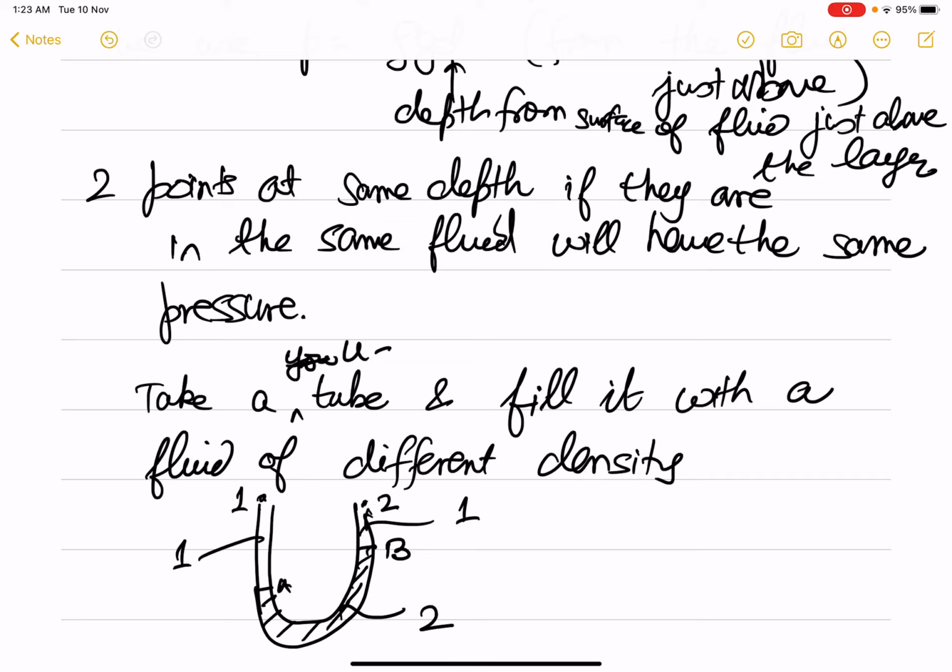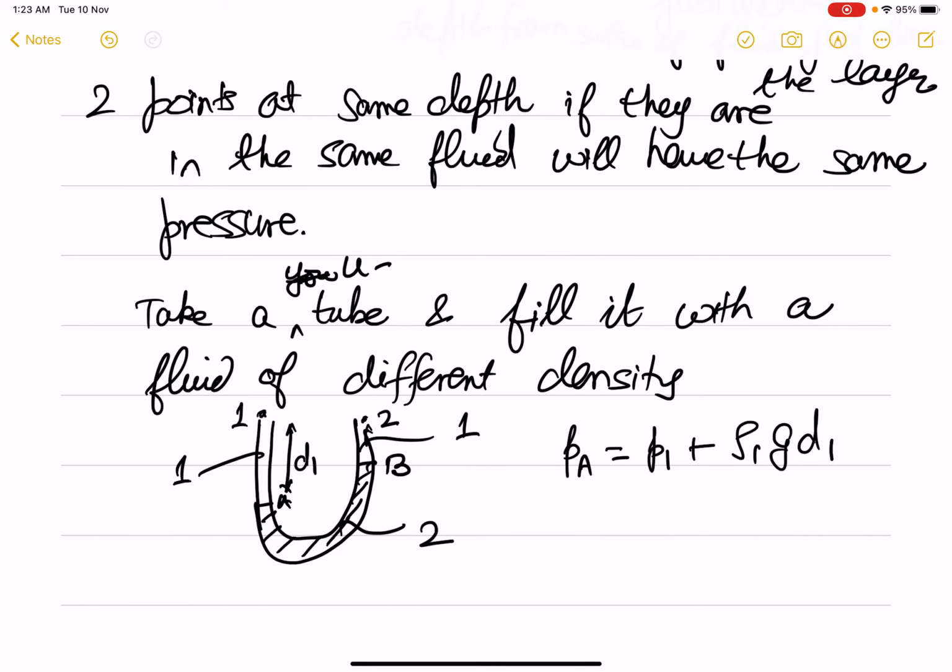Now if I apply manometry, what I will get is PA will be equal to P1 plus rho 1 G D1. Now from A I move to B. Let this distance be D2. So PB will be equal to PA minus rho 2 G D2.